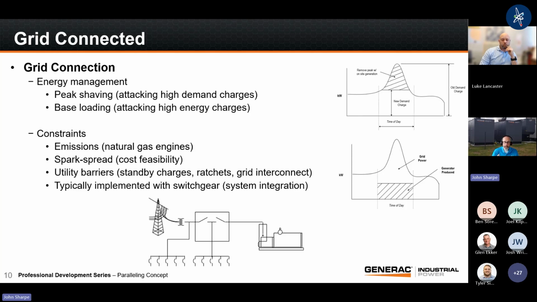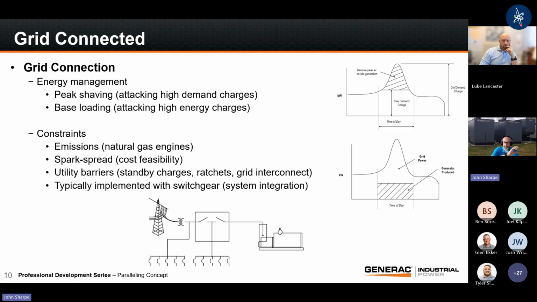We want to minimize the impact of the peak because that's where the utility is going to be doing a lot of billing. I've seen places where it's $20 to $30 a kilowatt of demand charge. That's quite a bit. And so this is an opportunity to run the generator and just take the peak off.